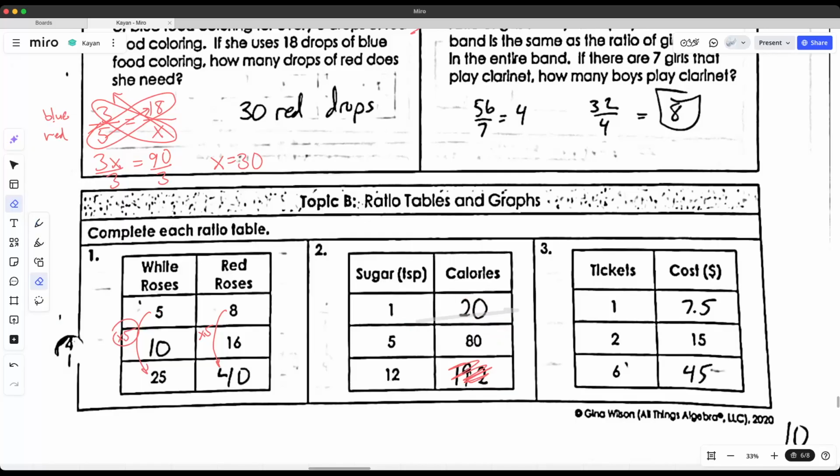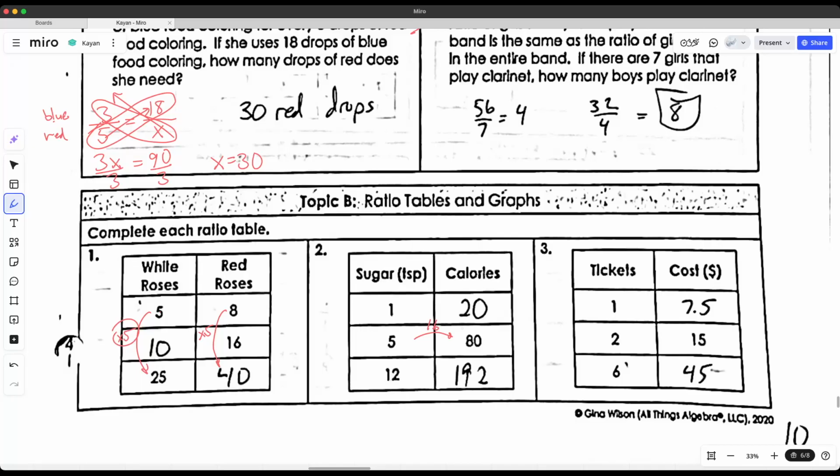Let me try it the other way. 5 times what is 80? And you might need your calculator for that, but I think it's 16. So, whoops, I should have multiplied 1 by 16 to get 20. All right, so 5 times 16 is 80.